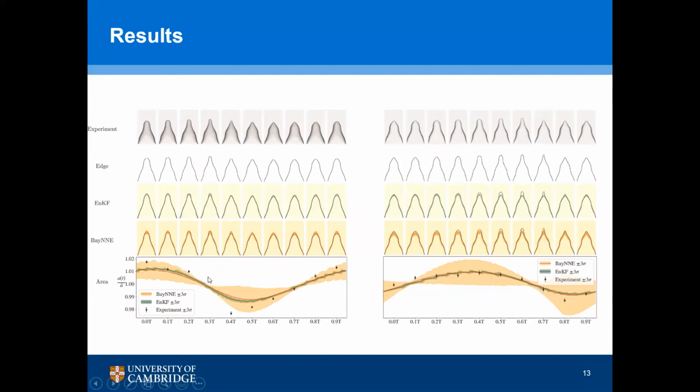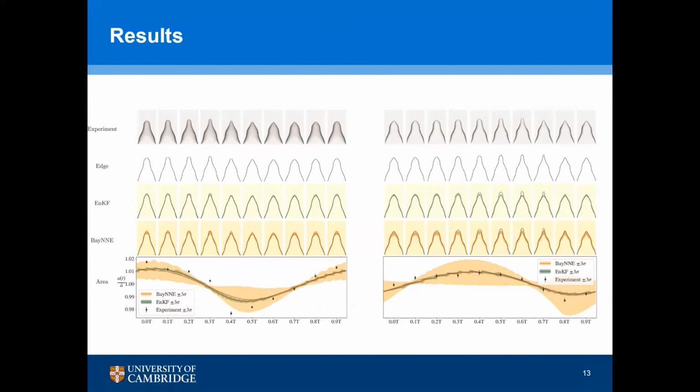We have estimated manually, or ad hoc, the flame normalized area variation. And we see that both the Kalman filter and Bayesian neural networks give good estimates of this. And as well as the uncertainties, the Bayesian neural network ensemble actually has much higher uncertainty in its predicted area compared to the Kalman filter.